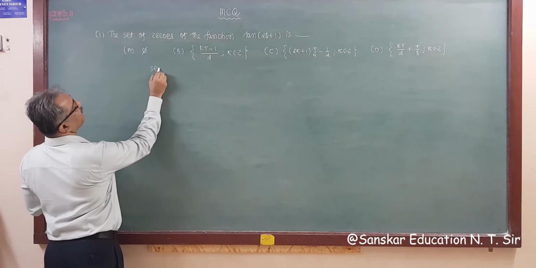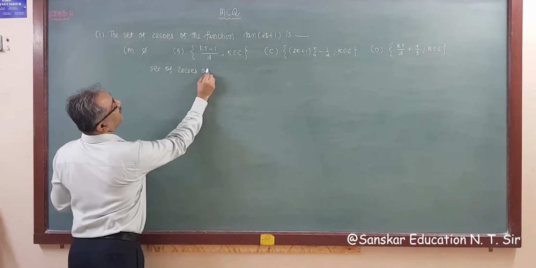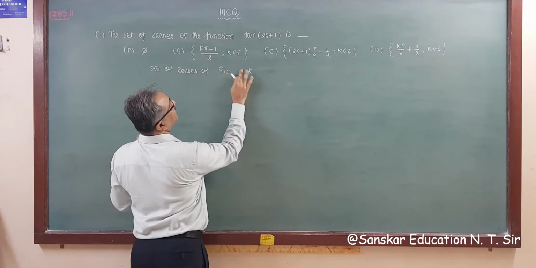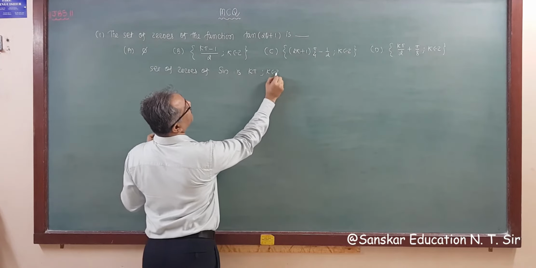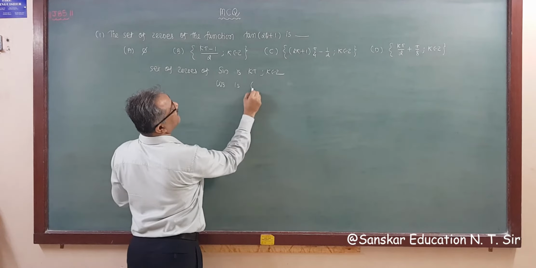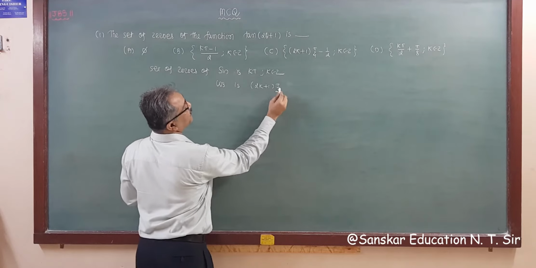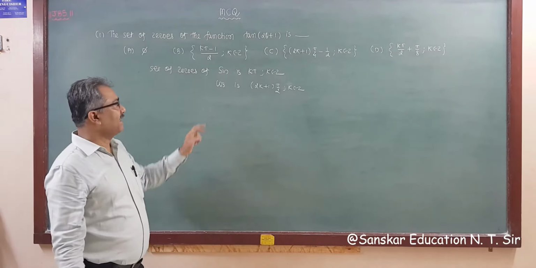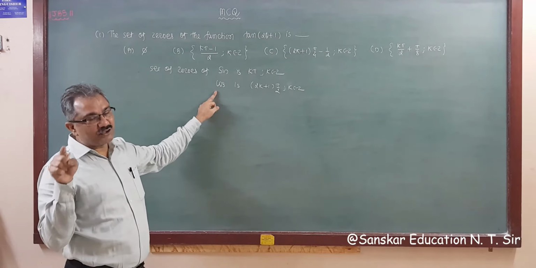Set of zeros of sine is k pi, k belongs to Z, and for cos it is (2k plus 1) pi by 2, k belongs to Z. Then tan is sine upon cos, which means if cos is 0 then tan is not defined, so the zeros come from sine being 0.